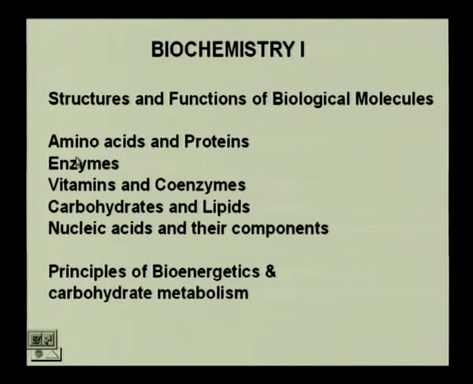We started with proteins and went on to enzymes, followed by vitamins, coenzymes, carbohydrates and lipids, and then looked at nucleic acids and their components, that is DNA and RNA, what they were comprised of and their specific characteristics, which led us on to the principles of bioenergetics and carbohydrate metabolism, where we considered the breakdown of glucose. In this summary lecture, I will be going briefly over all the topics that have been covered here.